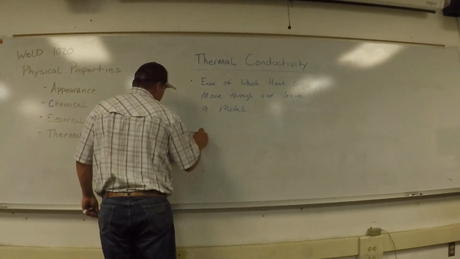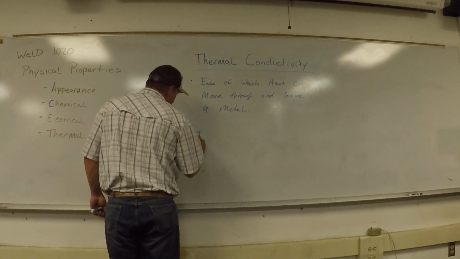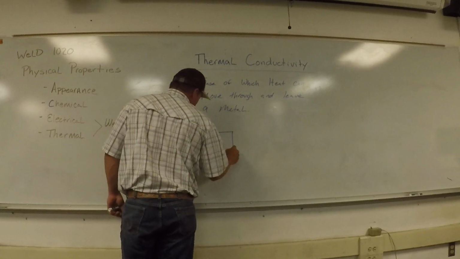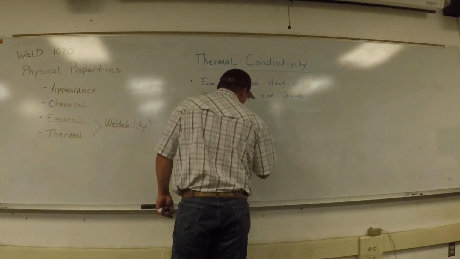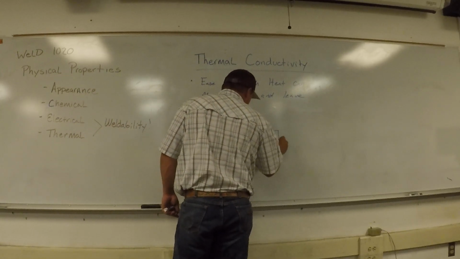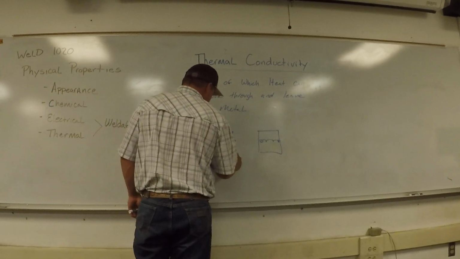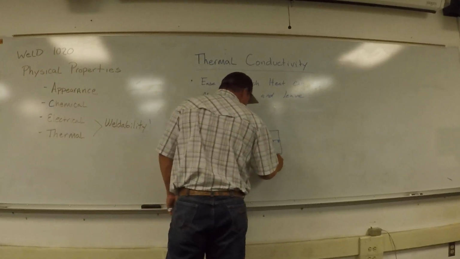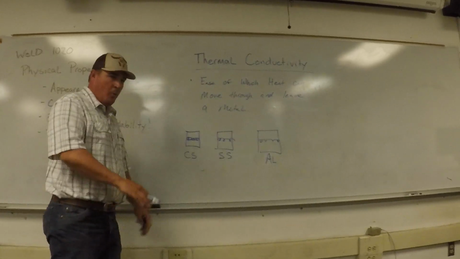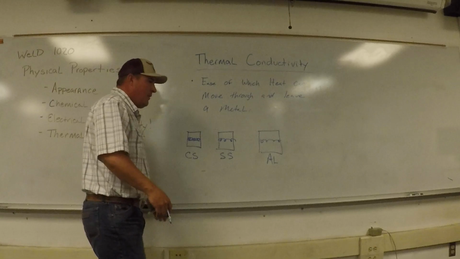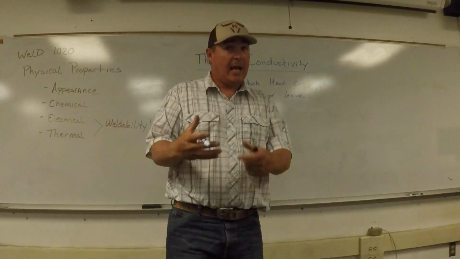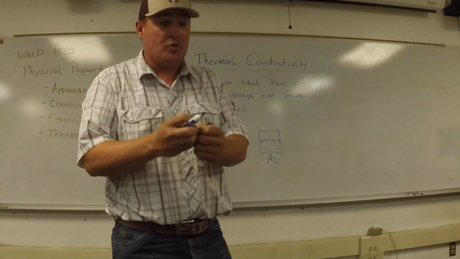I'm going to have a couple different coupons, and I'm going to put a weld on them. Weld on that one, and a weld on that one, right? So this is my carbon steel, this is my stainless steel, and this is my aluminum, right? And I weld them all at the same time. They're all going to get really hot because I got to get them hot enough to get the weld to fuse together.